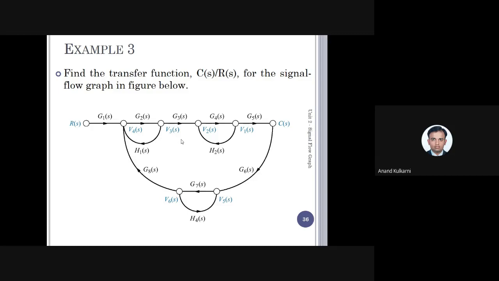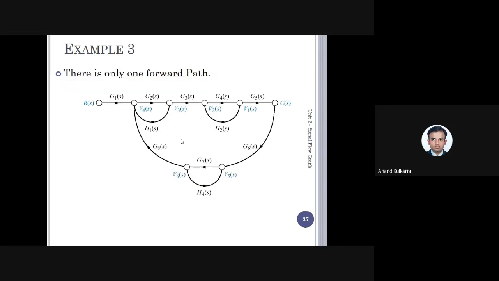You write G1, G2, G3, G4, G5, V1, V2, V3, H1, H2. There is only one forward path, which is put in the red color, that is G1, G2, G3, G4, G5.